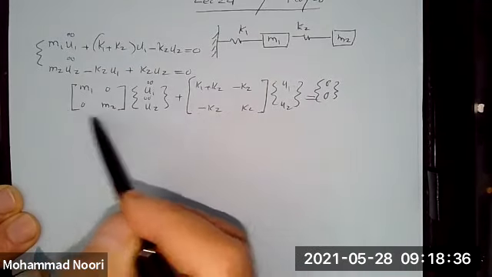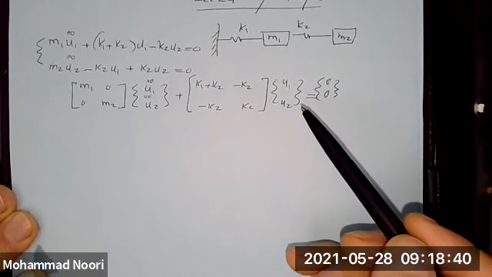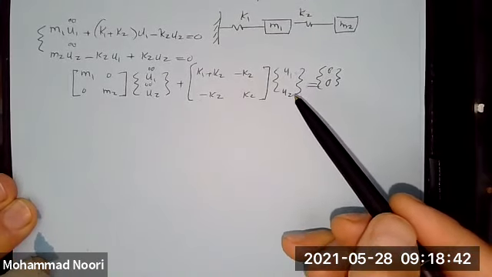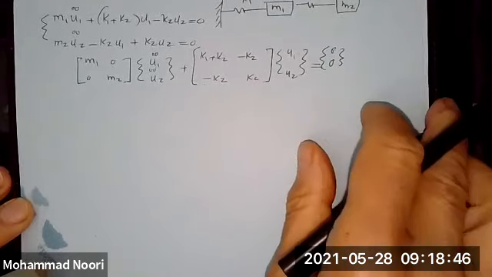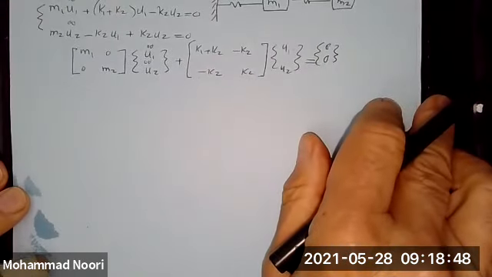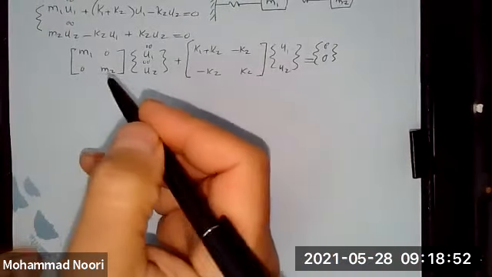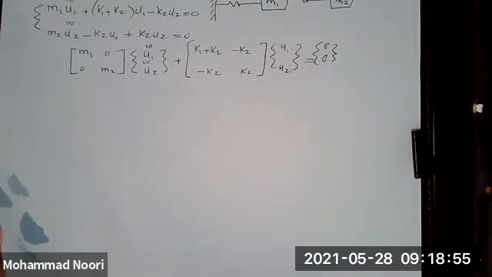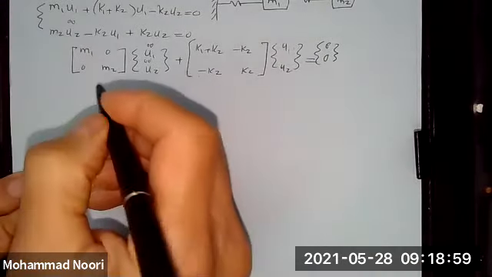So this matrix form helps us, in fact, generalize the formulation of the equation of motion for systems with any number of degrees of freedom. In other words, there are certain properties that this formulation tells us.